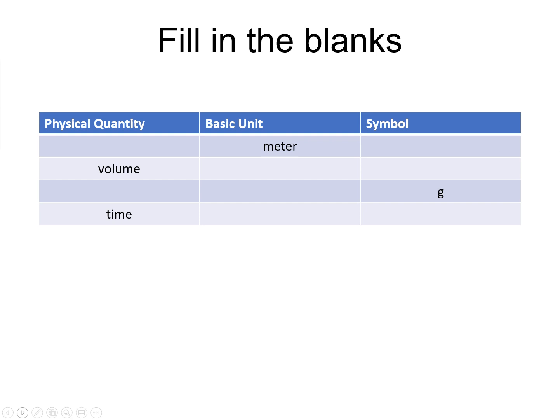Okay, I'm going to start filling these in. So make sure you have this in your notebook because you will need to know these. The basic unit meter is for the physical quantity of length, and its symbol is a lowercase m. For volume, the basic unit is the liter, and its symbol is a capital L. The symbol G is for the basic unit gram, and that's for mass.